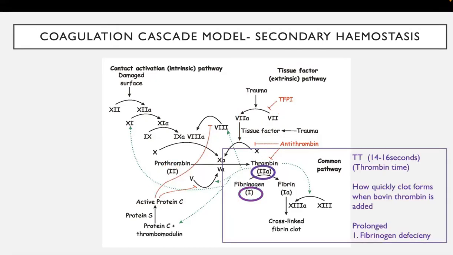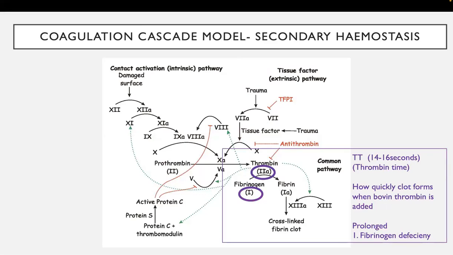Okay, and then for the common pathway, we look at the thrombin time. You take blood, you send it to a lab, they add bovine thrombin, so like from a cow, and the normal time for it to clot is 14 to 16 seconds.